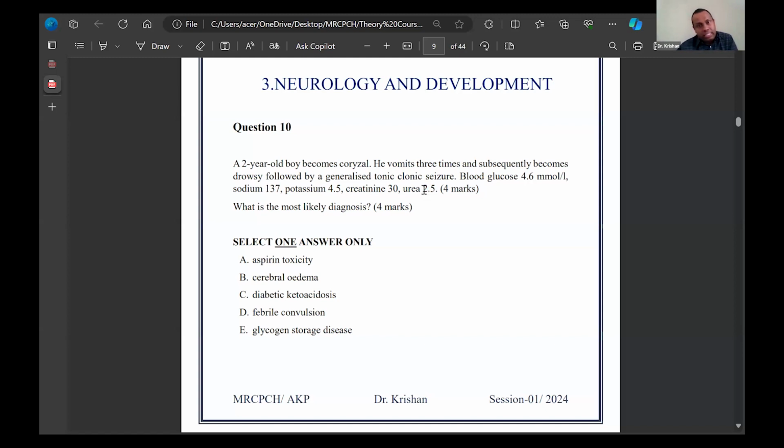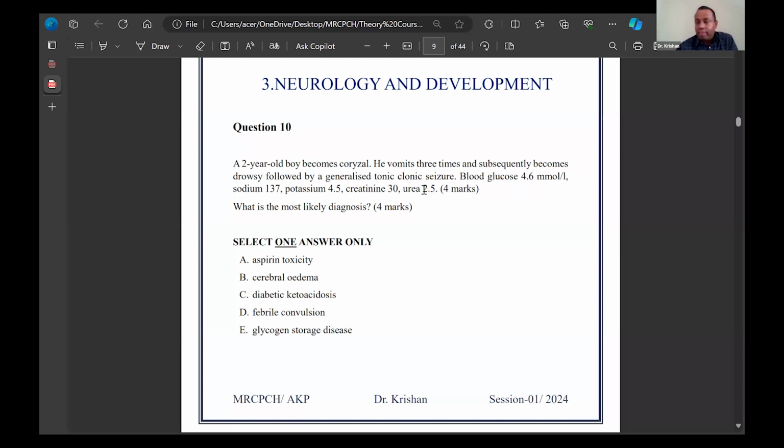Diabetic ketoacidosis is out because in diabetic ketoacidosis, you expect blood sugar to be very high, right? Here, the blood sugar is normal. In diabetic ketoacidosis, the cutoff blood sugar is 200 milligrams per deciliter or above 11 millimoles per liter. Here it is 4, so it can't be diabetic ketoacidosis. Could that be a febrile convulsion?